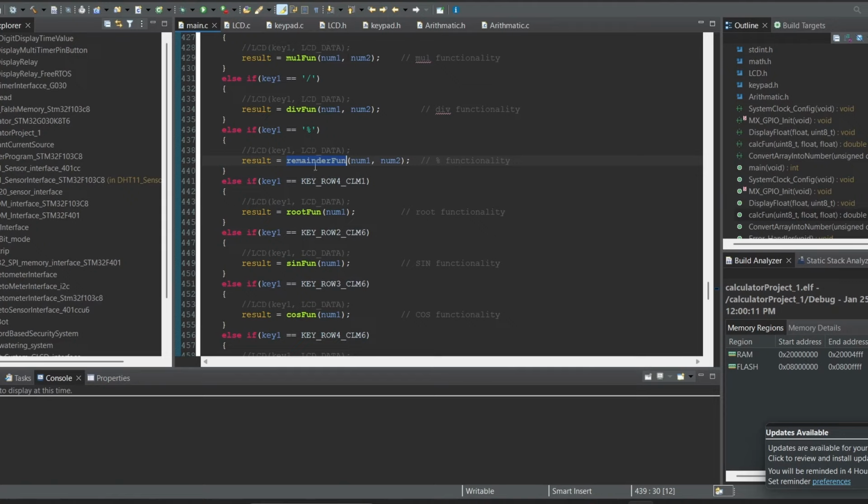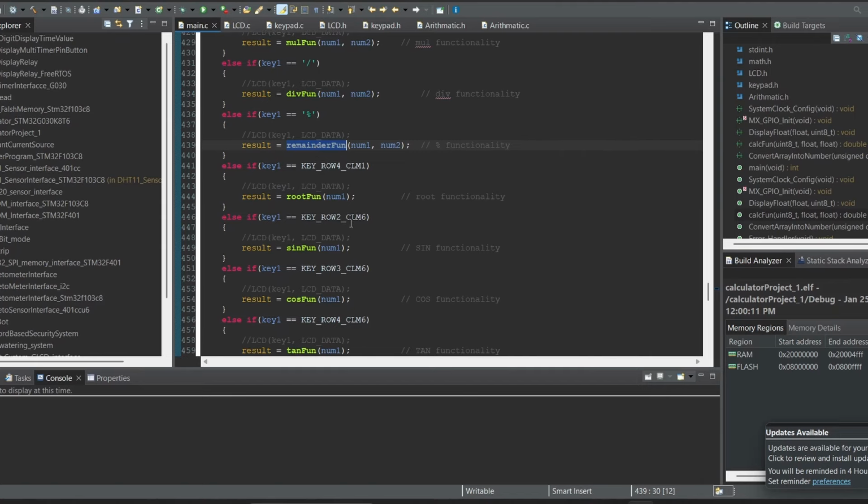The modulo functionality is fairly simple. We are entering two numbers, dividing the first number by the second number, and whatever remainder we get, we return from this remainder function. That is the basic functionality of the modulo.